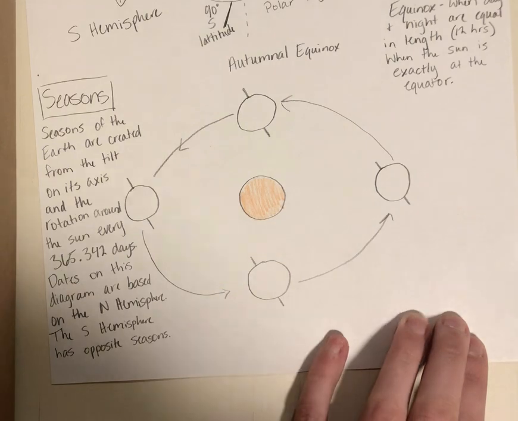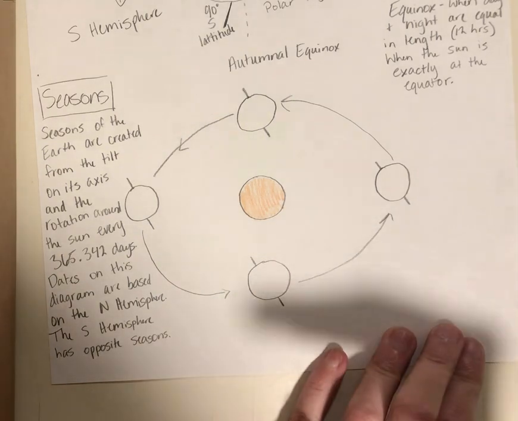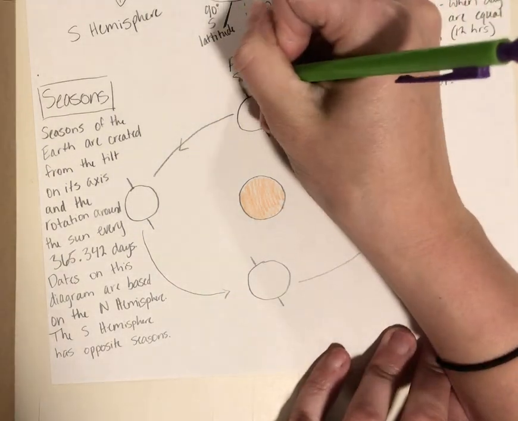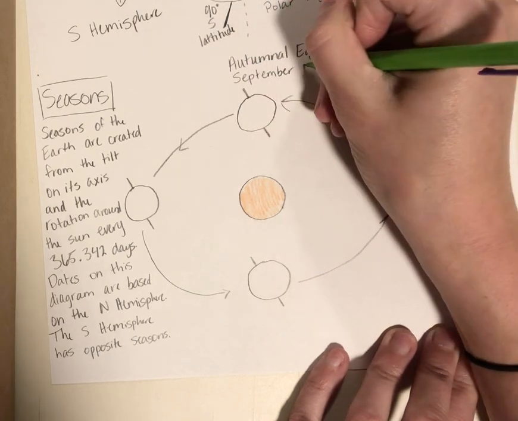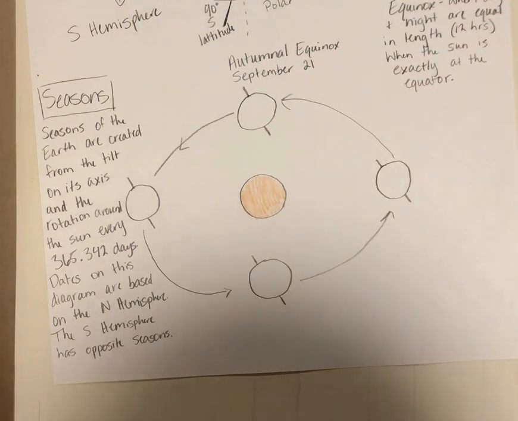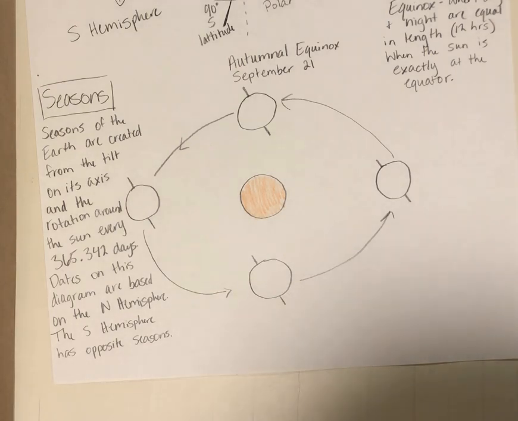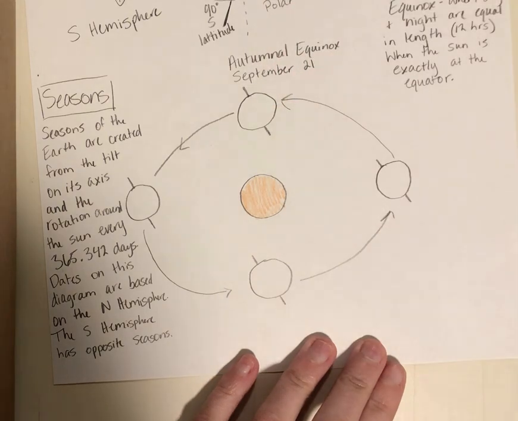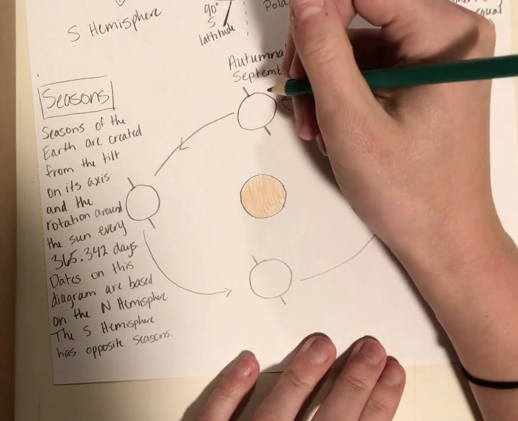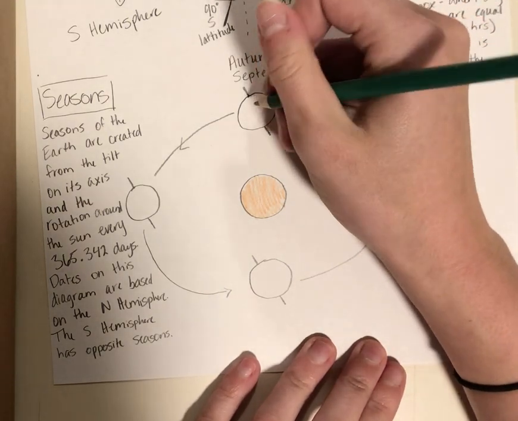So the autumn equinox for the northern hemisphere happens on September 21st. And on this one we are going to leave our Earth as colored with a little darker area to the side.